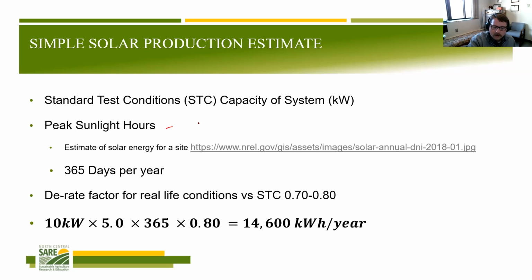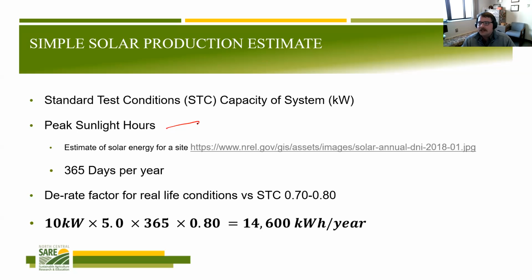We need to know how many hours of sunlight, but not just sunlight, because we get a lot of sunlight, but sometimes it's early in the morning and it's not very useful to us. It's cloudy on some days, it's rainy on some days. And so we're going to use a number called the peak sun hours, where they take the total solar irradiance in a day and normalize it to 1,000 watts per meter squared.